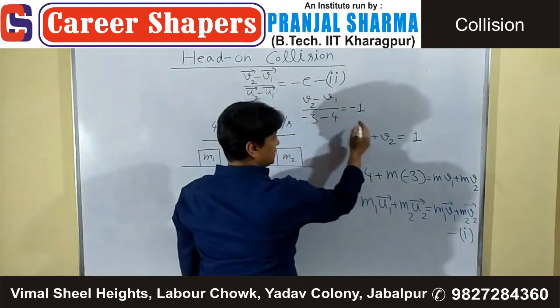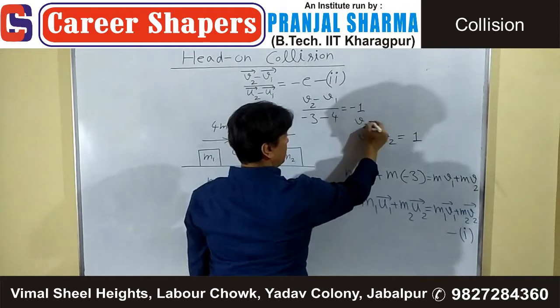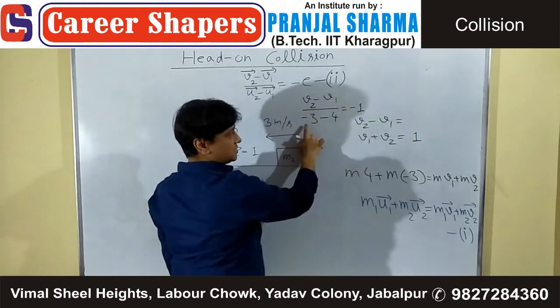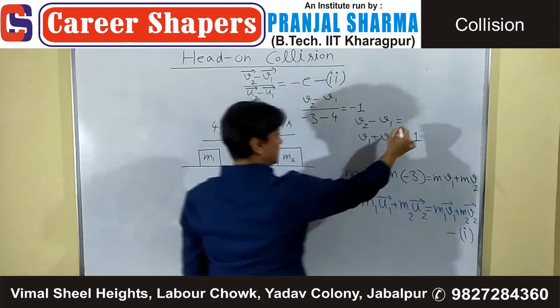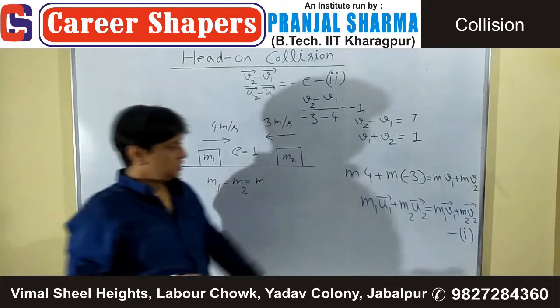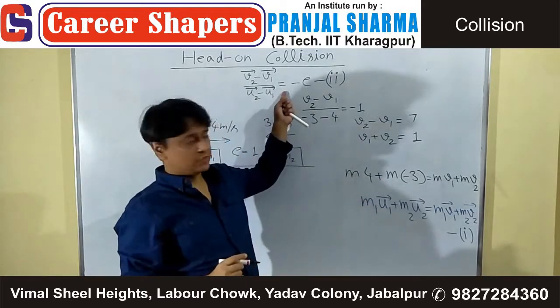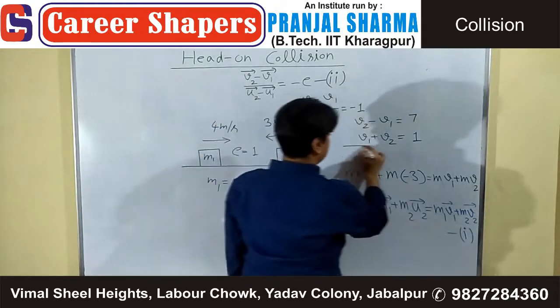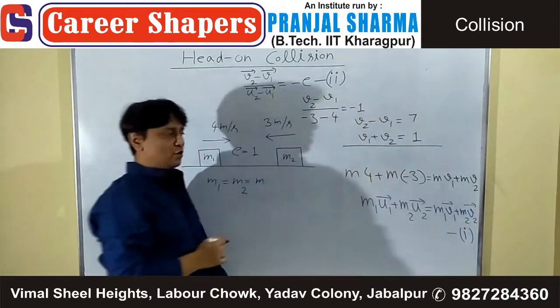This gives us V2 minus V1 as minus 7 upon minus, plus, is coming what? 7. These two equations give us these two final forms. Now how to solve these equations you already know.